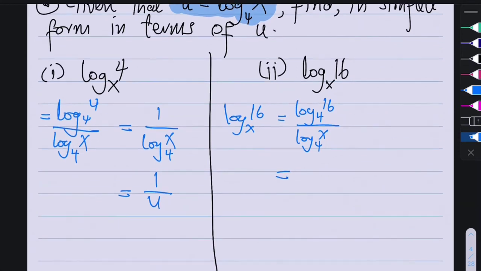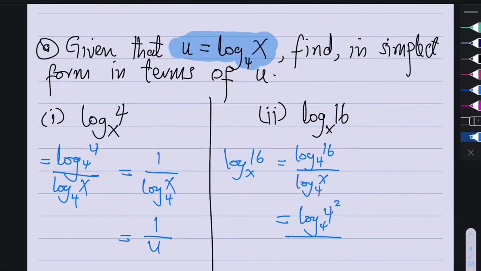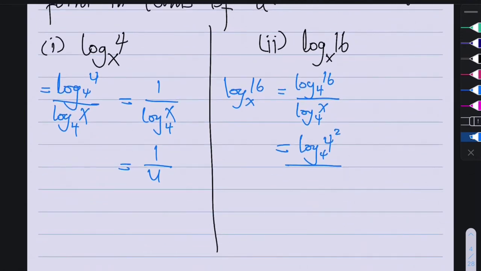Now, log 16 base 4 can be further simplified because you know 16 is 4 squared. So you now have log 4 squared base 4 over, check this thing out, log x base 4, which is the definition of u.